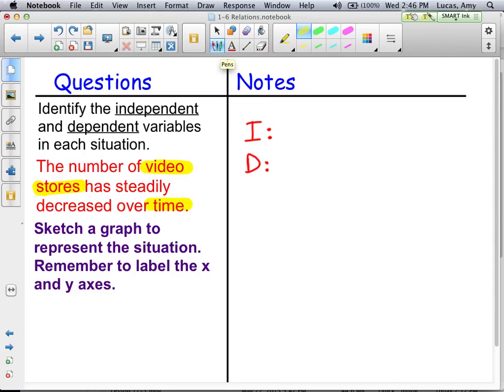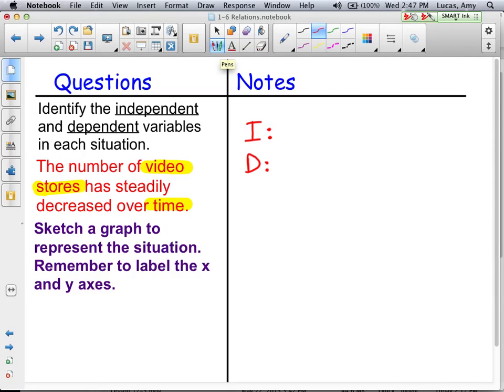So what happens first? The number of video stores that we have, or time? Well, when one of your variables is time, it is always going to be on the x-axis.